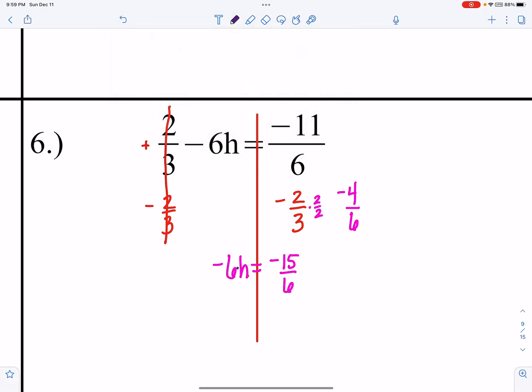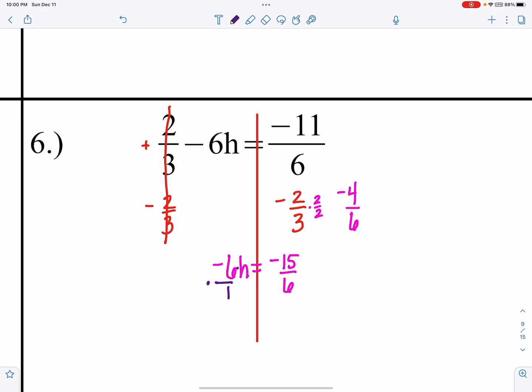We want to get the negative 6 away from the h, so it's a times. So we'll divide both sides by negative 6. And instead of dividing by a negative 6, we could multiply by the reciprocal since we do have a fraction. So let's go ahead and do that instead. So this is negative 6/1.